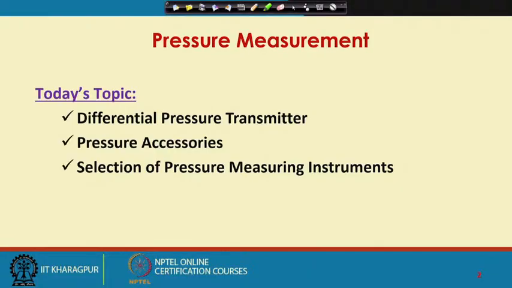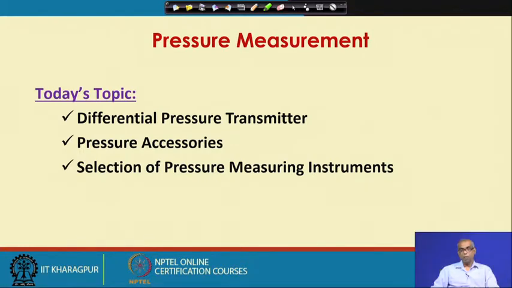So, today's class will conclude our ongoing discussion on pressure measuring instruments. So, this is today's topic. We will talk about differential pressure transmitter, we will talk about some pressure accessories, and we will talk about how to select a pressure measuring instrument for my application.